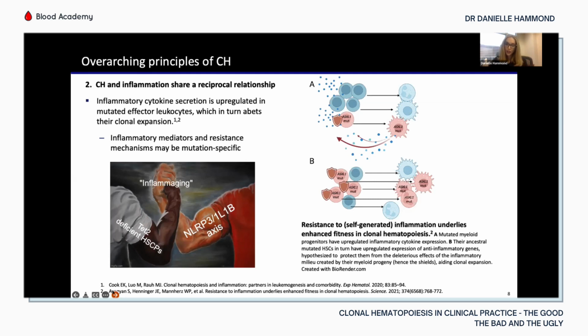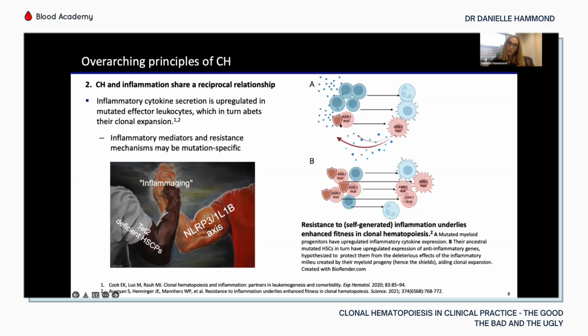And then on the right-hand side is a recent publication in Science from a Boston Children's group that used a zebrafish model of ASXL1 mutated clonal hematopoiesis, in which the ASXL1 mutated hematopoietic stem cells, here in red or pink, gave rise to ASXL1 mutated neutrophilic monocytic progeny that in turn had upregulated inflammatory signaling that in general was deleterious to the wild type hematopoietic stem cells.